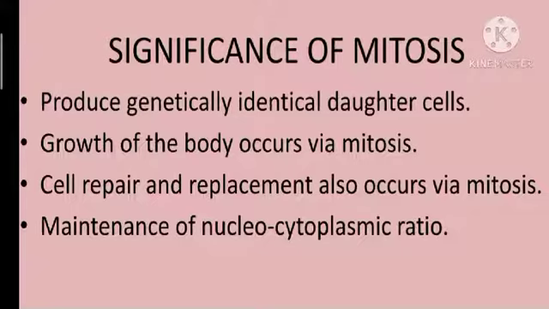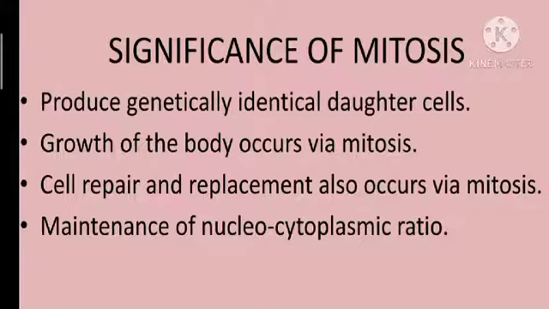Even our blood cells, their lifespan is very short, so they will get damaged soon, and again new and new blood cells are being produced by the process of mitosis. In plants also you can see the apical meristematic tissue is there, lateral meristem, that is the cambium, is there. So they also are dividing and producing new cells as a result of mitosis.